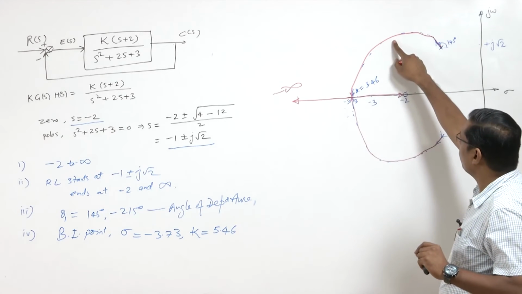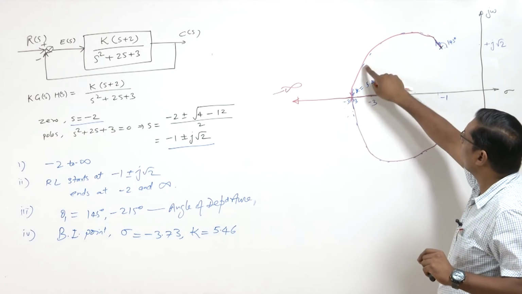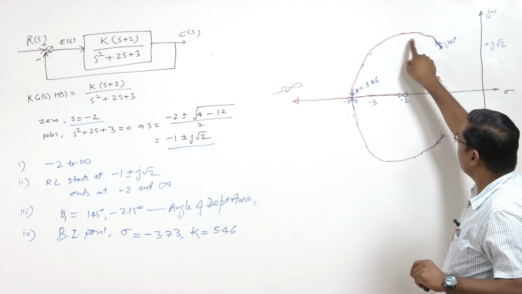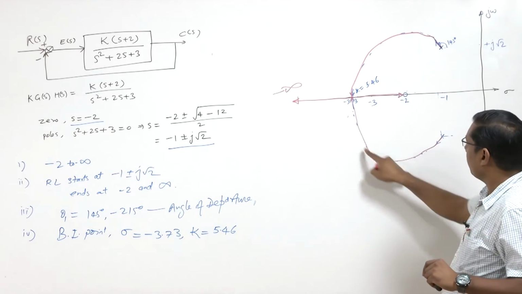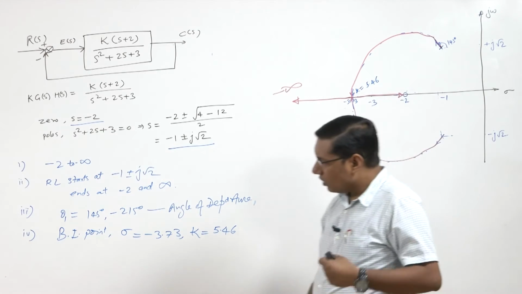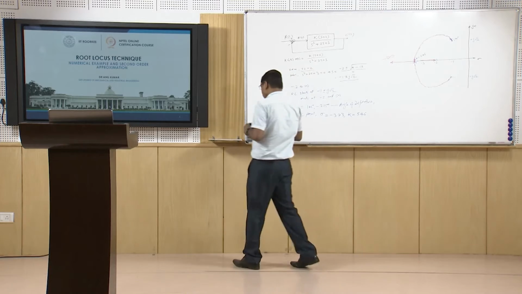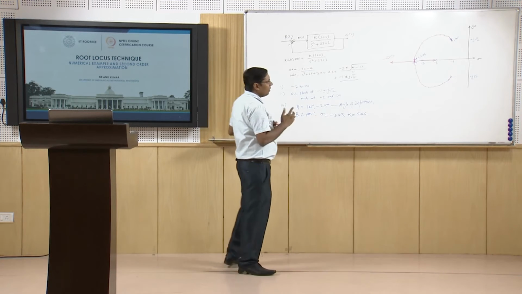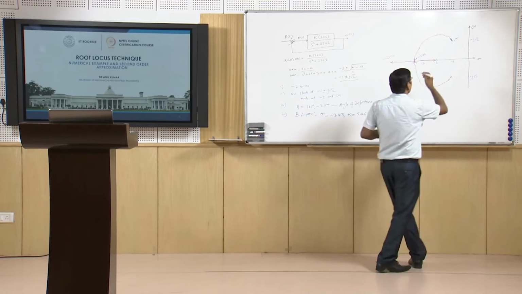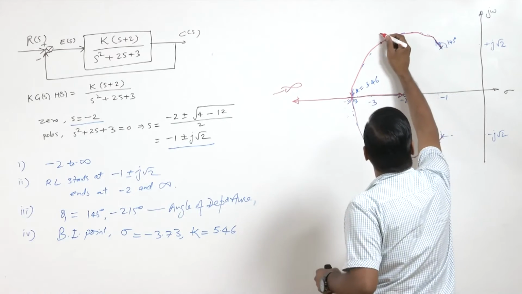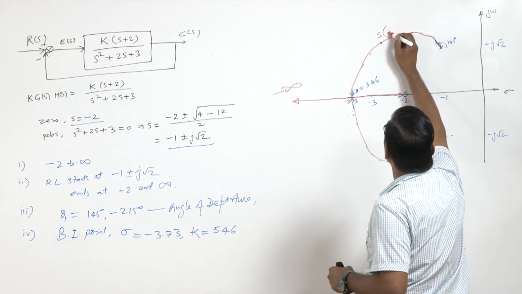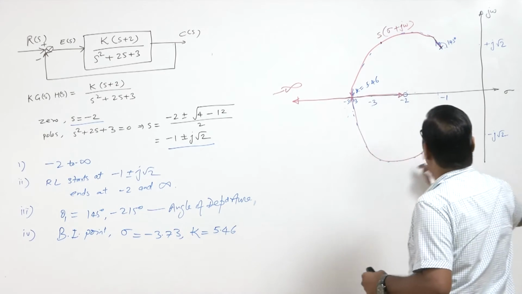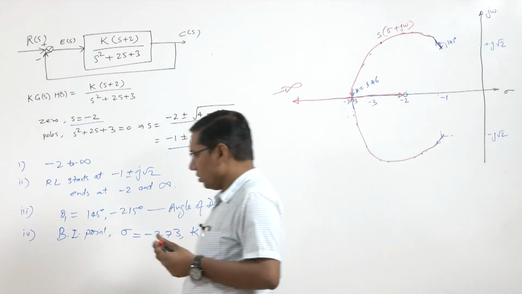That point will be on the root locus, and with 2-3 points we can approximate this path of the root locus more precisely. Another method is to take some general point S, sigma plus j omega, on the root locus, so we can find the equation of this curve.